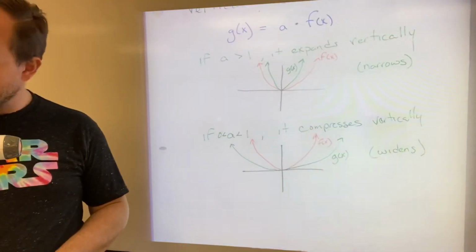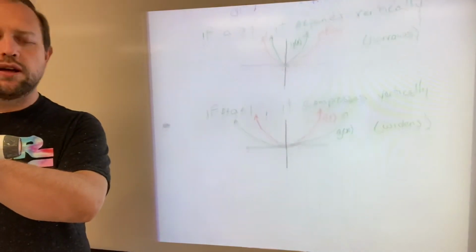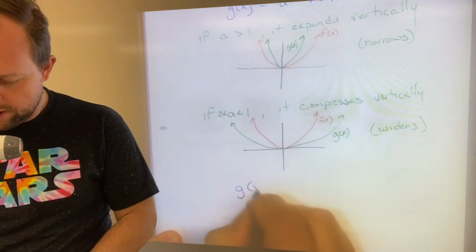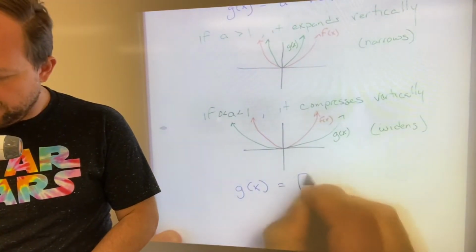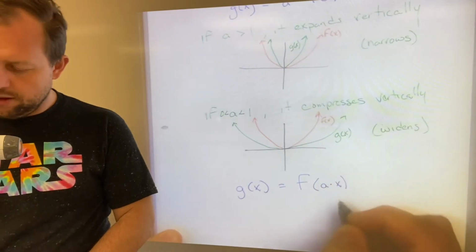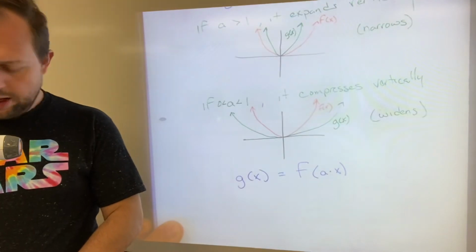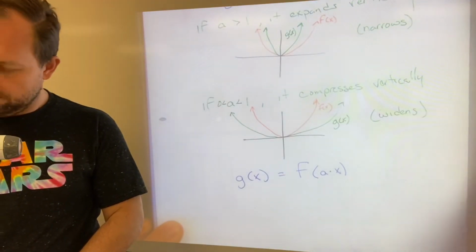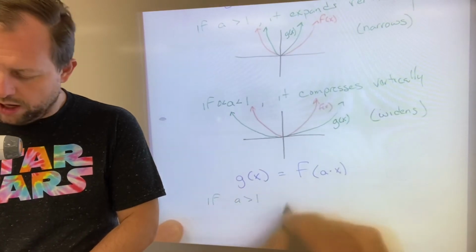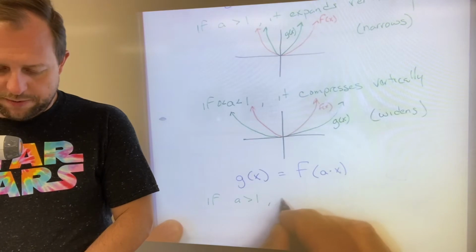Now, if we change and put that factor on the inside, so we have g of x equals f of a times x, then if a is greater than 1, it's going to compress it horizontally. It's going to do the opposite.